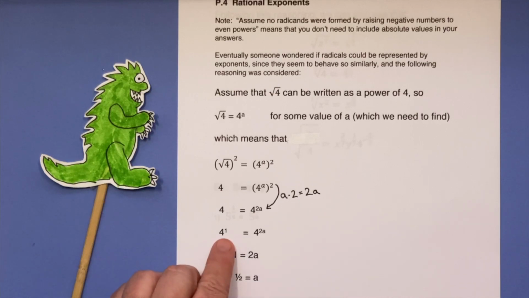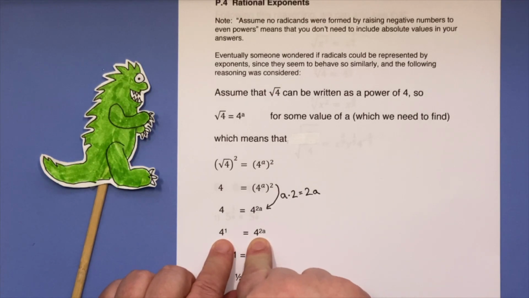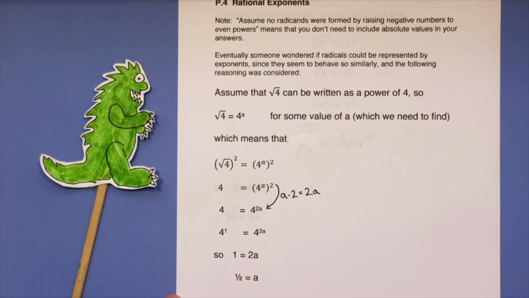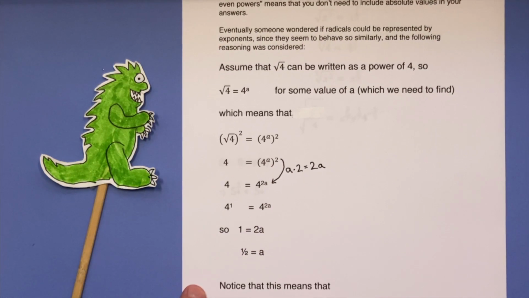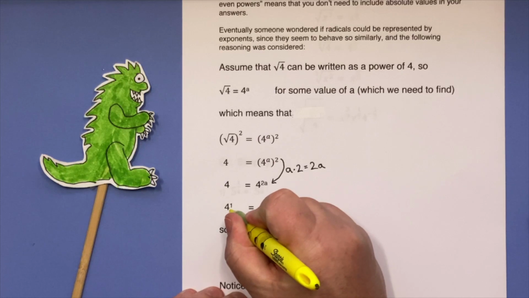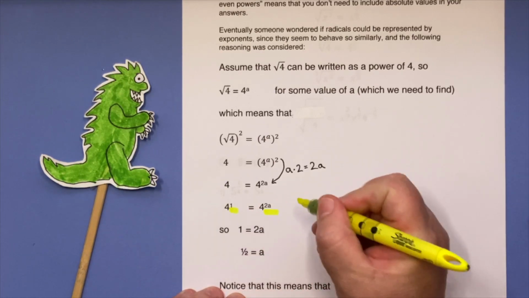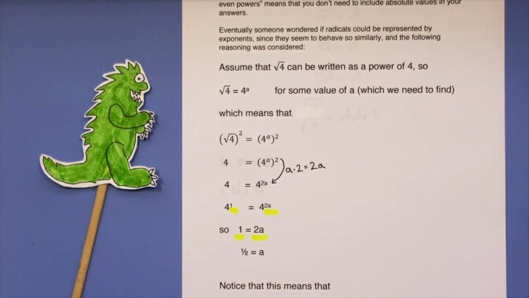So if we've got 4 raised to the first power equals 4 raised to the 2a power, then it must be true that 1 equals 2a. Does that make sense? The power over on the left has to equal the power over on the right, since the bases are equal. Woohoo, yay, this is very exciting.